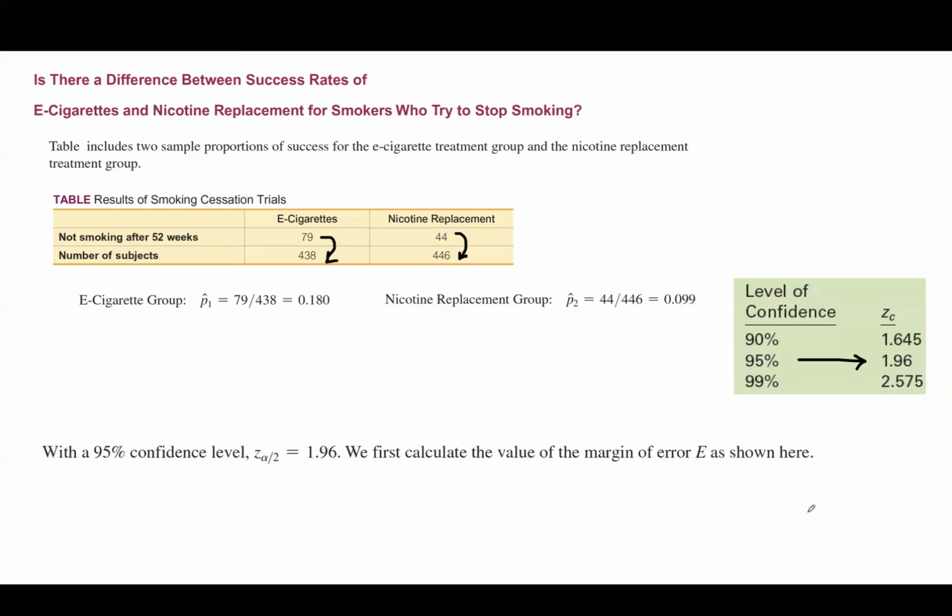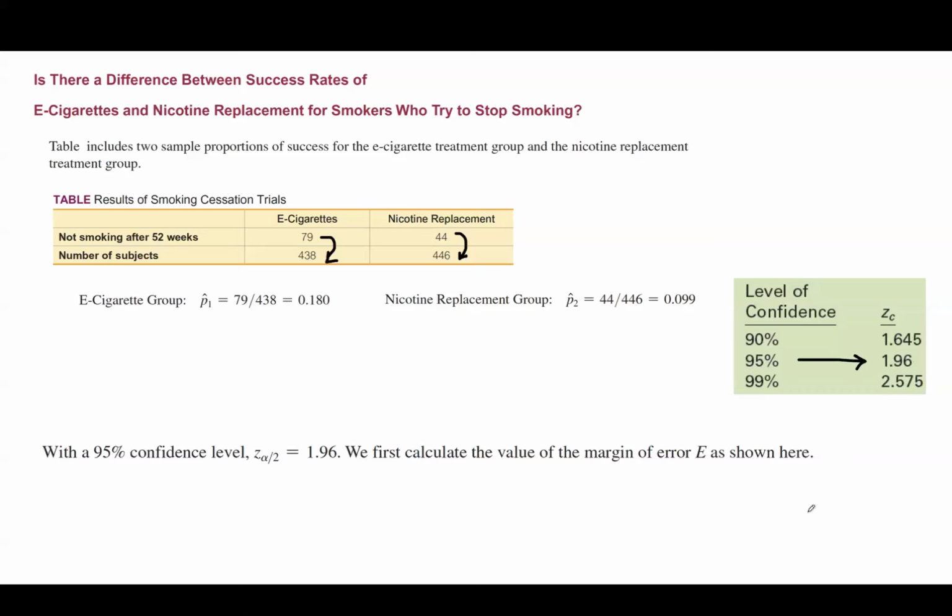It can be calculated as 1.96 times that square root, where P1 hat and P2 hat are taken from our calculation in the very first step. This is equal to 0.045, or about 5%.